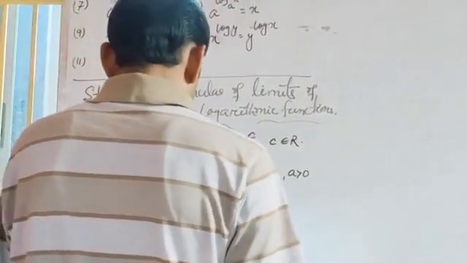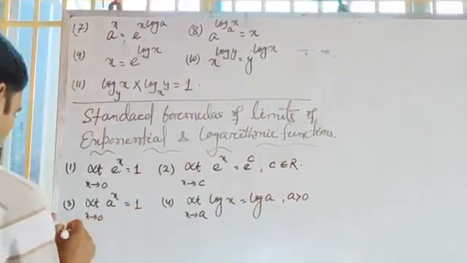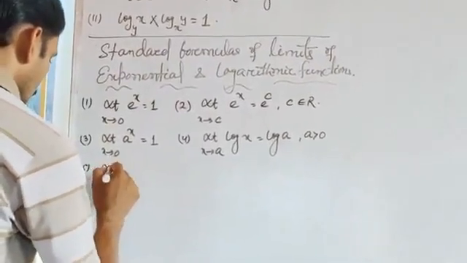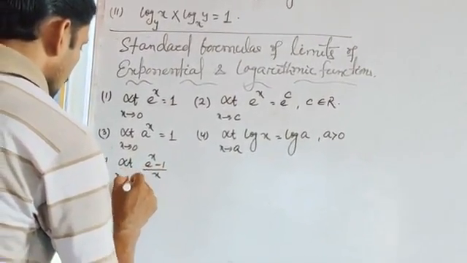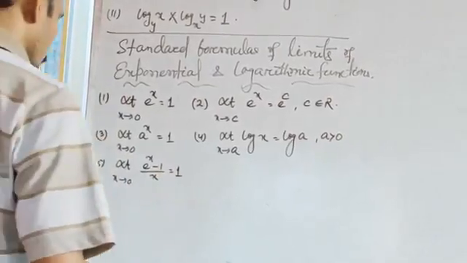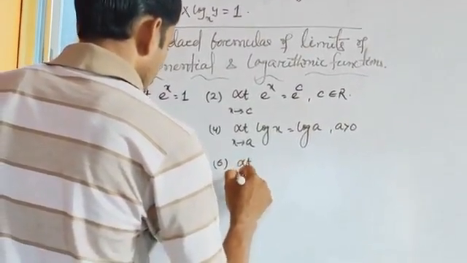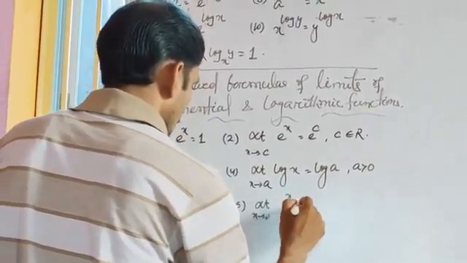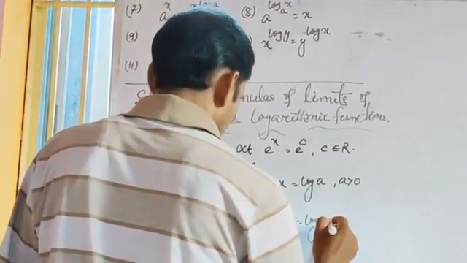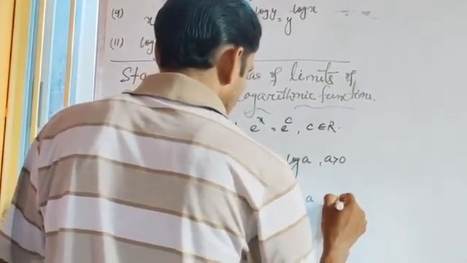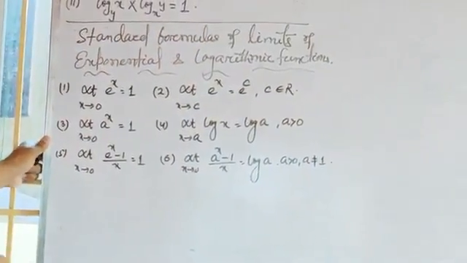Then next, number 5: limit of e to the power x minus 1, whole divided by x, as x tends to 0 is equal to 1. The limit of a to the power x minus 1 by x is equal to log a, where a is greater than 0 but a is not equal to 1.